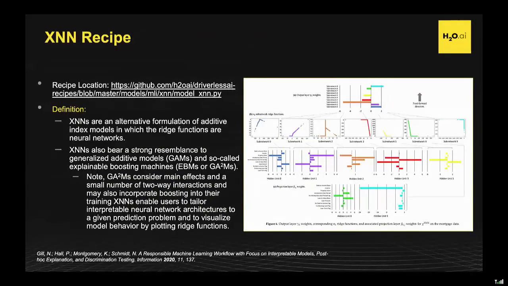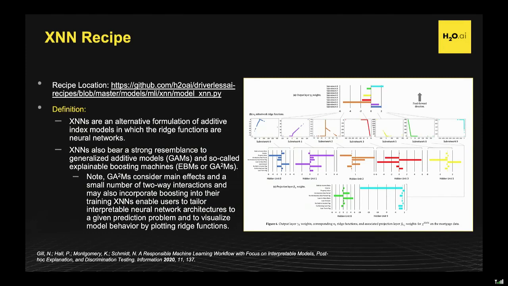XNNs. What had happened in industry for a long time was that deep learning became very popular, neural nets became very popular, and there was this idea of accuracy versus simplicity, a trade-off you had to make. A deep neural network would always be more accurate than a GLM. But what's great is that with XNNs, that trade-off for tabular data is dead.